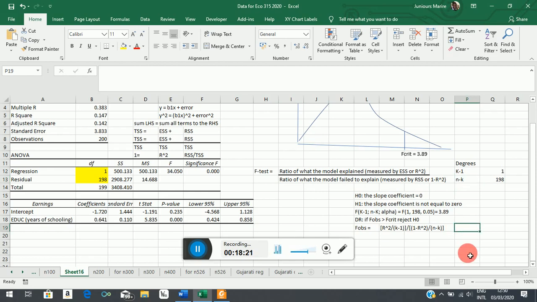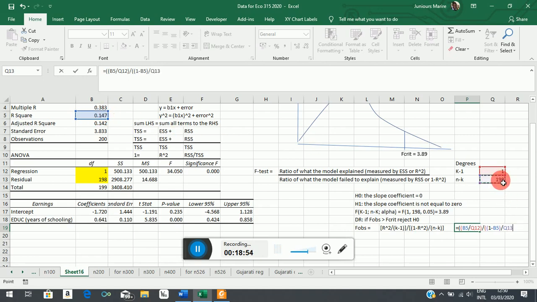Now once you have done that, you can say this is equal to my R squared, which is that, divided by my degrees of freedom, which is that, over my 1 minus R squared, which is that, over my N minus K, which is that.